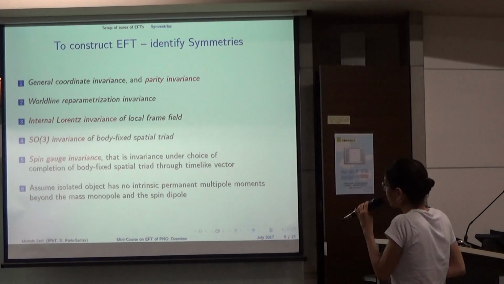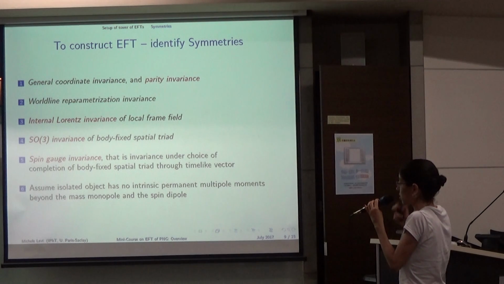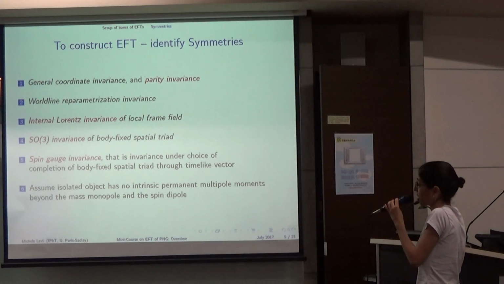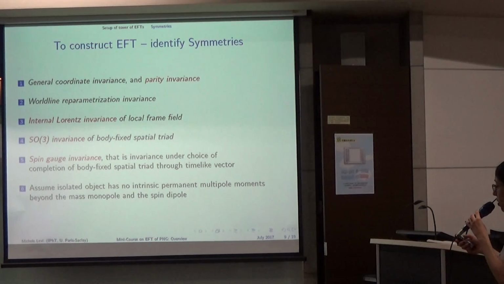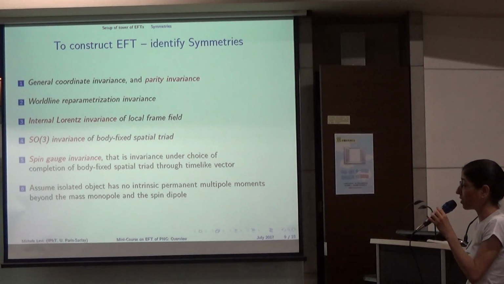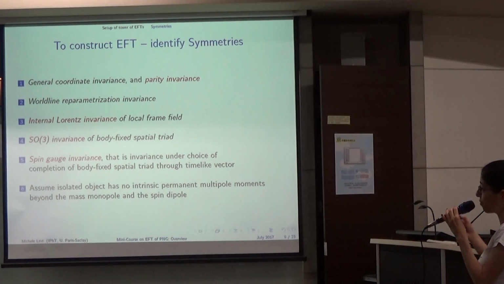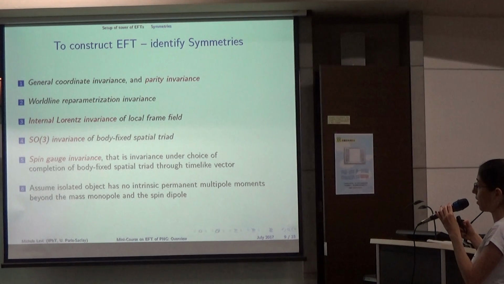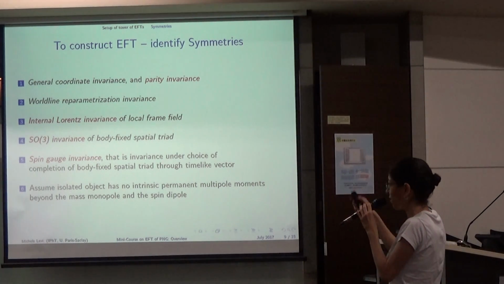Using these additional symmetries that we stressed, we were able to say more about the action of the spinning particle. There is the parity invariance, which plays a key role in constructing the non-minimal coupling part of the action. There is the internal Lorentz invariance that allows us to have some gauge choice of the field tetrad, the local tetrad that will cover all the manifolds.